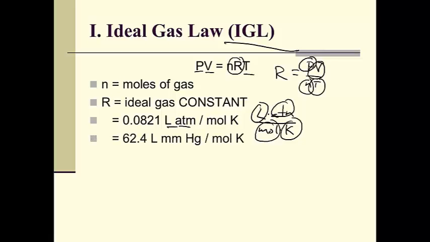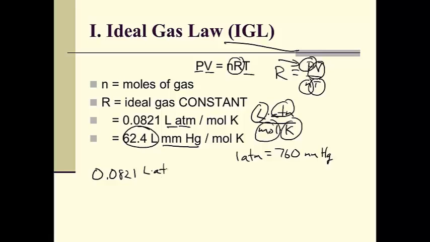Now you know we can also express pressure in different units. So if instead of using atmospheres, you use millimeters of mercury, you end up with a different value because remember, 1 atmosphere is 760 millimeters of mercury. And if you wanted to figure out where that 62.4 came from, simply do dimensional analysis. 0.0821 liters times atmospheres over moles times Kelvin.